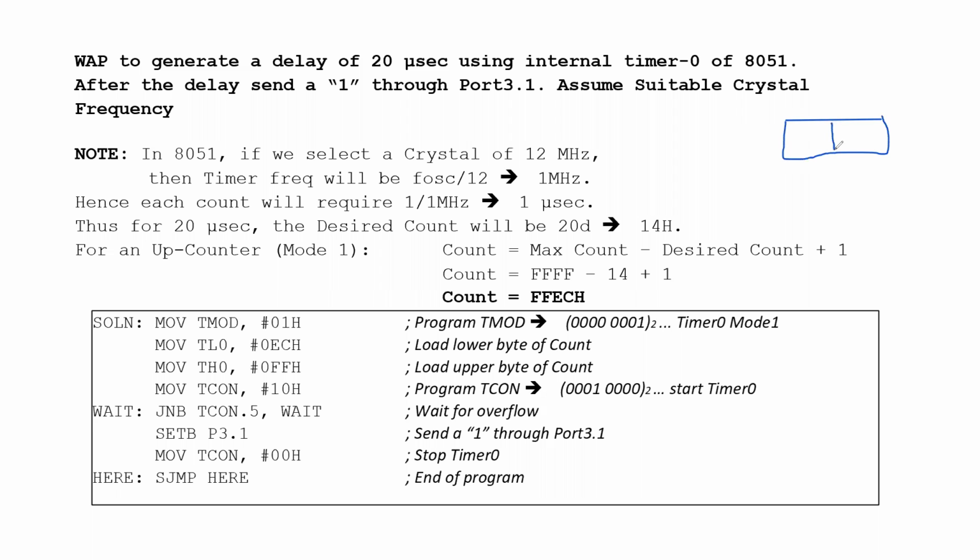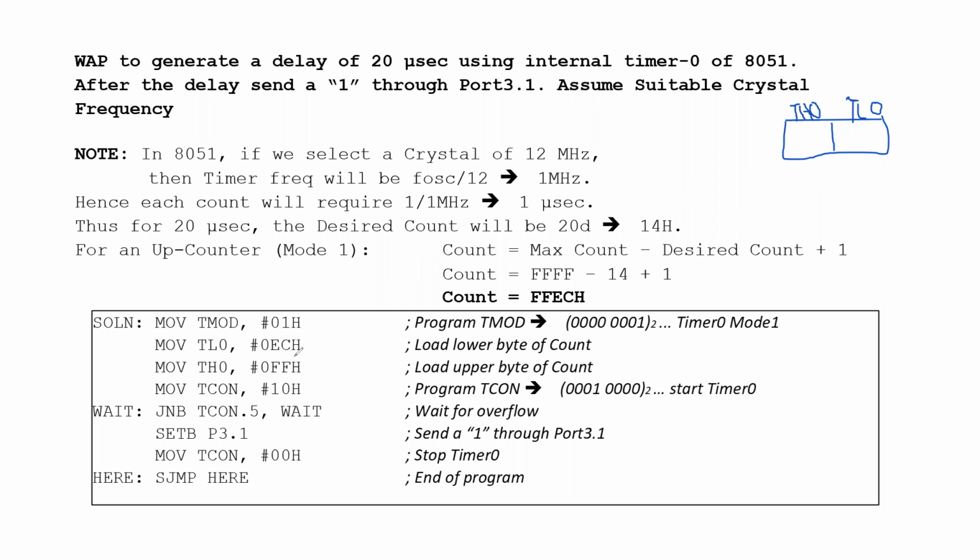It is divided into two registers: timer high 0, TH0, and timer low 0, TL0. So you need to load the values to these registers.